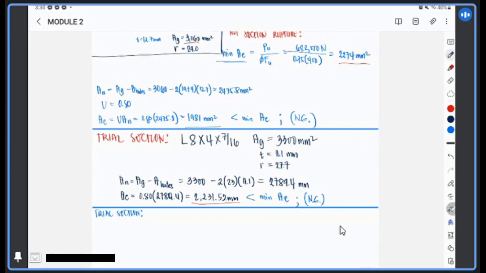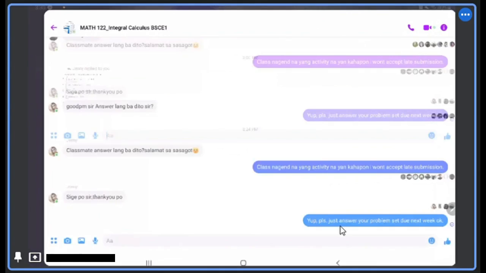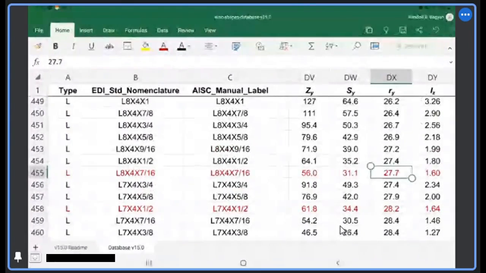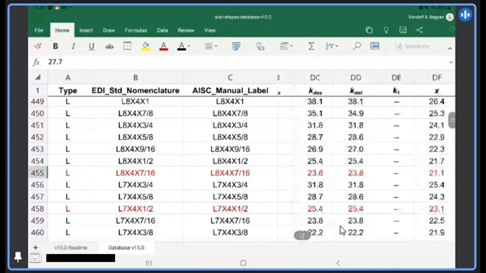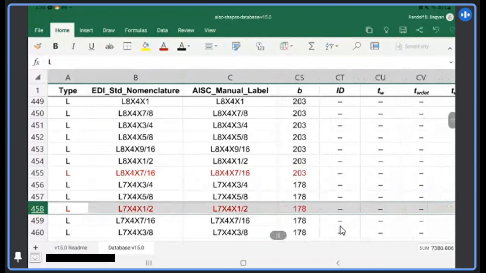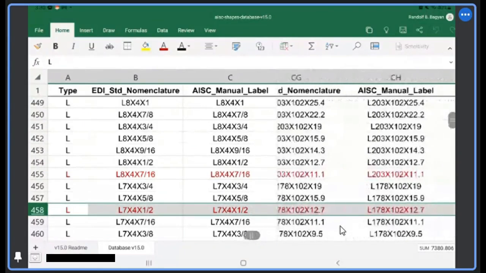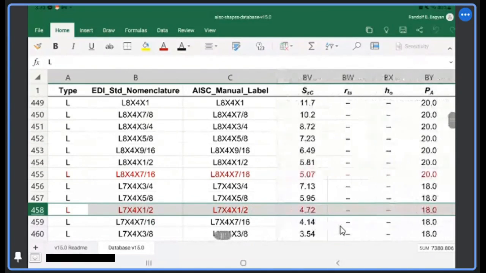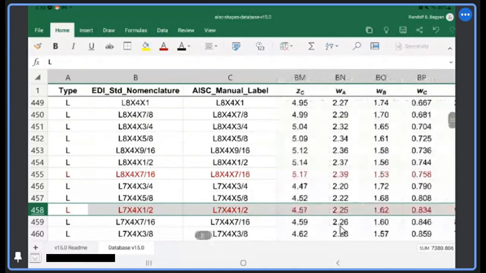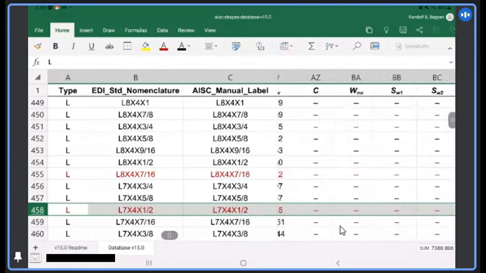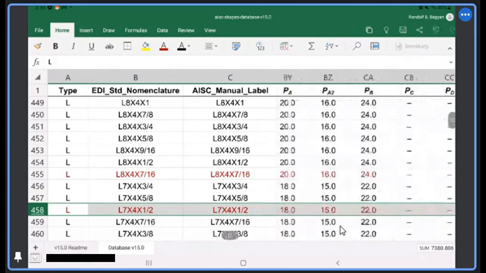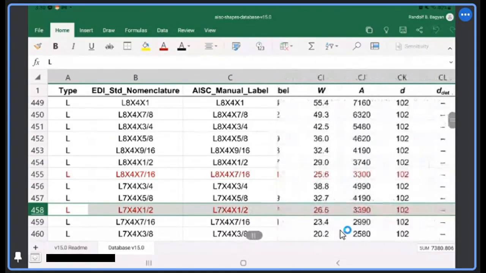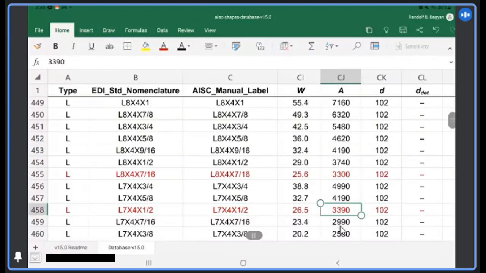Let's say, what's the next section na pwede natin consider? What about this? 7 by 4 by 1/2. It has an area of, parang lumampas na ako sa ano. The area is 3,390.